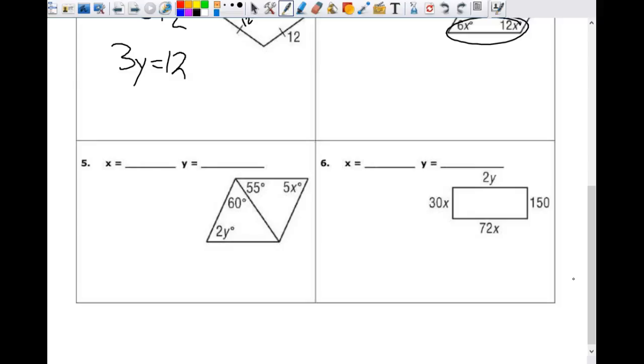So if you wanted to solve this one, how I would solve this one is I'll look, and I'll first say, okay, these 2 angles are the same, right? This is the same as this. 2y is equal to 5x. Unfortunately, that does not help us almost at all. Helps us later, but not right now.